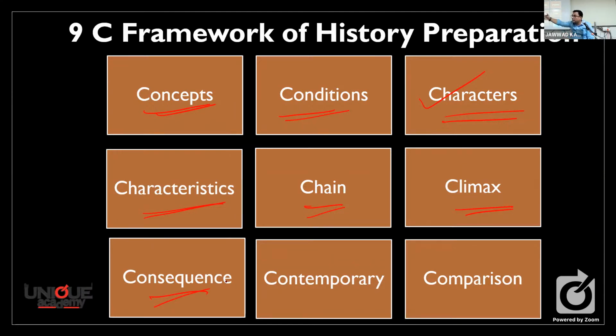Consequence is long-term effect of that particular historical event. Because of revolt of 1857, over the course of next 30 years, British policies will be different.